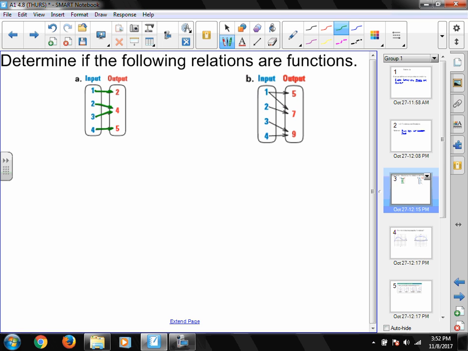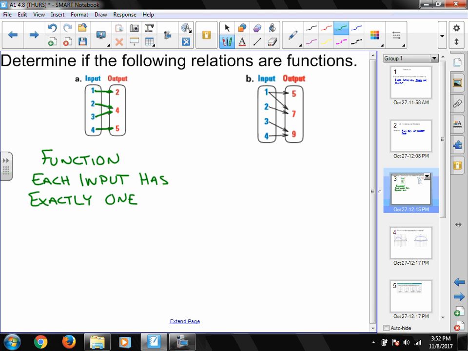We're going to classify this as a function, because each input has exactly one output. But you're saying, hold on here, 2 and 3 both go to 4. That's okay. The key here is that each of our inputs only goes to one number on the output table.